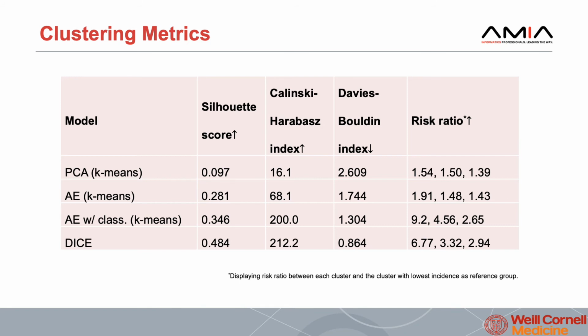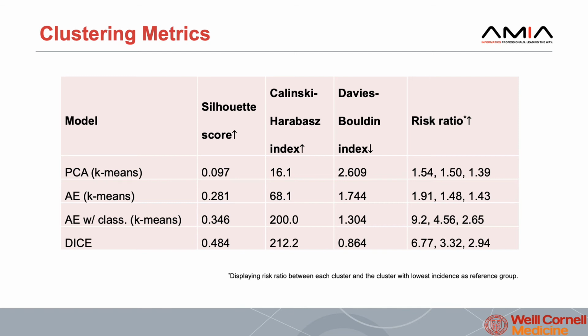So we calculated the risk ratio between each cluster and the cluster with the lowest incidence as the reference group. Here you can see that from the four clusters that were generated by DICE, the risk ratio between each cluster and the reference is 6.77, 3.32, and 2.91.